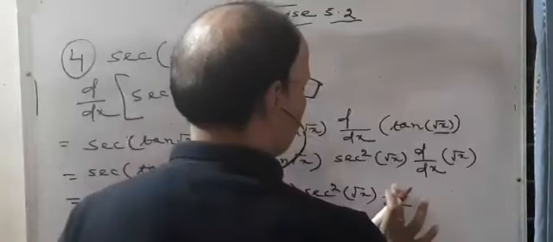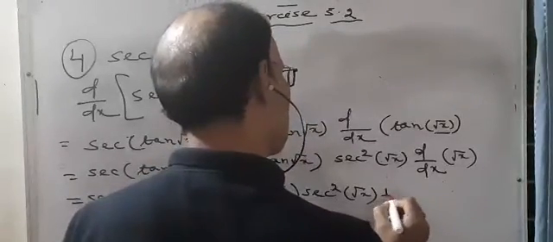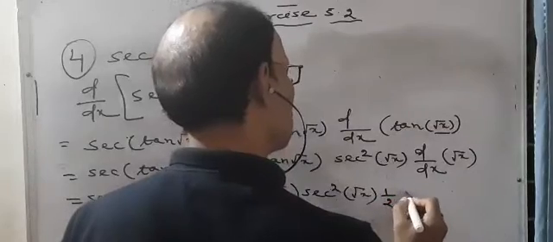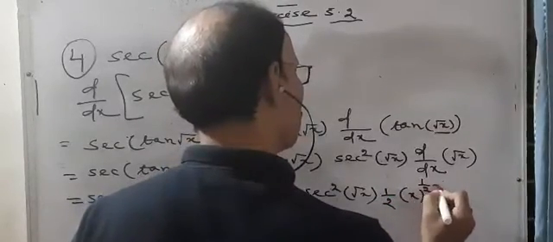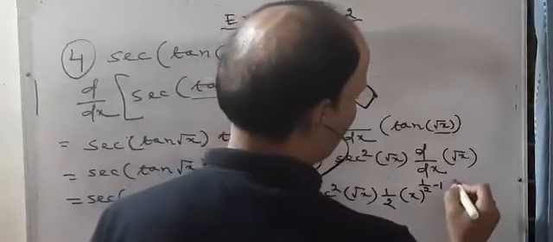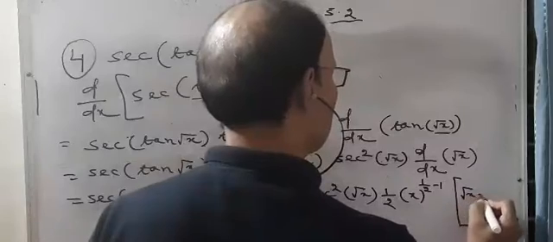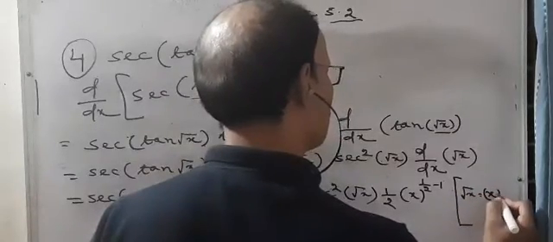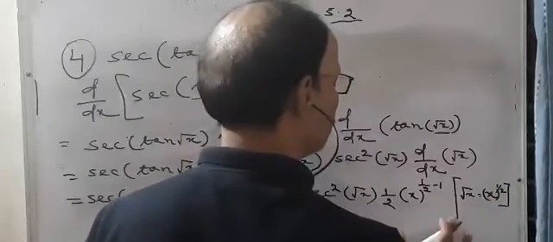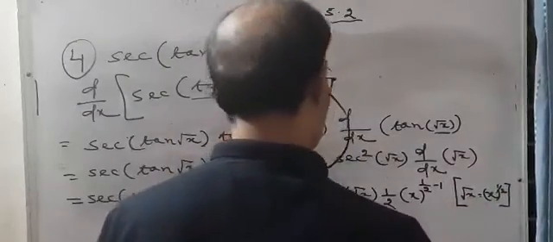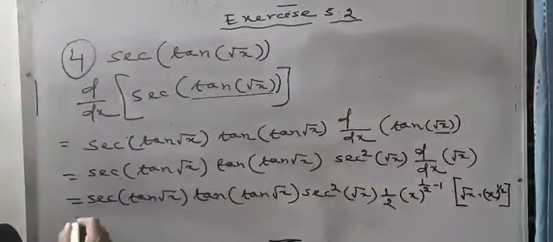The differentiation of under root x will be 1 upon 2 x to the power 1 upon 2 minus 1. Why? Because under root x is equal to x to the power 1 upon 2. Okay, so let's take the half this side.